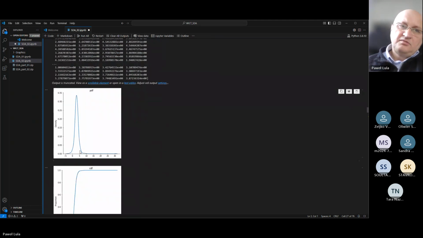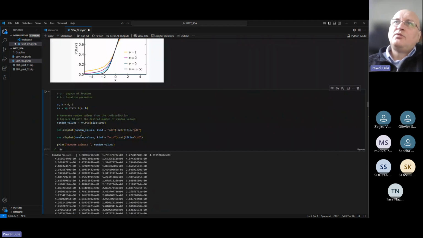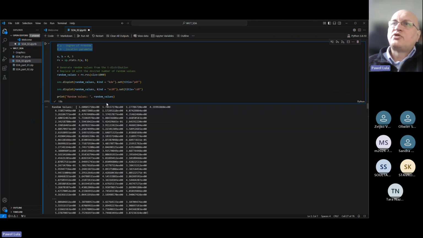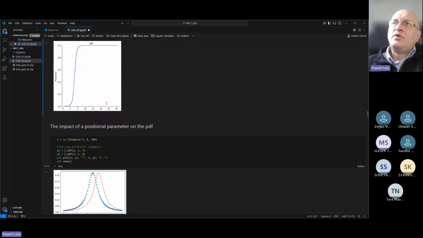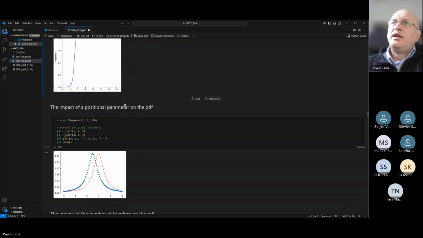And these functions are very similar to the normal distribution. We know that this Student's t distribution has two parameters: degree of freedom and location parameter. How do these parameters work? This location parameter is defined here.